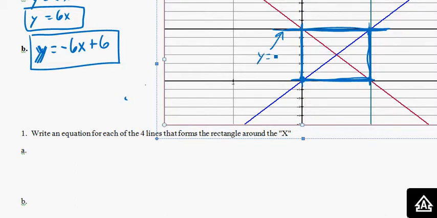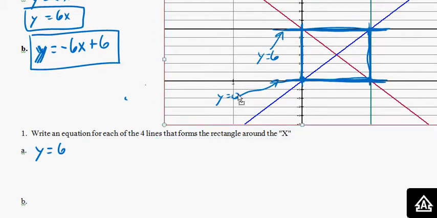So its equation is simply y equals 6. Now, this horizontal line here, every single one of its points has a y-coordinate of 0. Therefore, its equation is y equals 0.